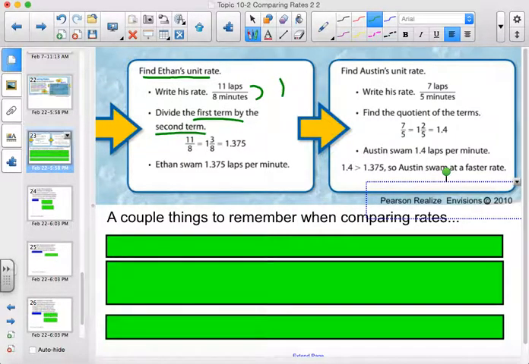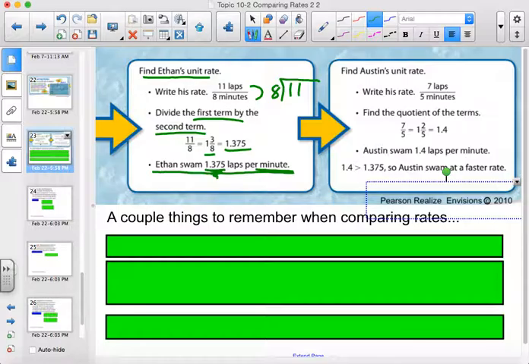In other words, you take your 11 and divide it by 8. When you do that, you get 1 3/8, which is equal to the decimal 1.375. So Ethan swam 1.375 laps in 1 minute. In 1 minute, he swims a little over a lap.